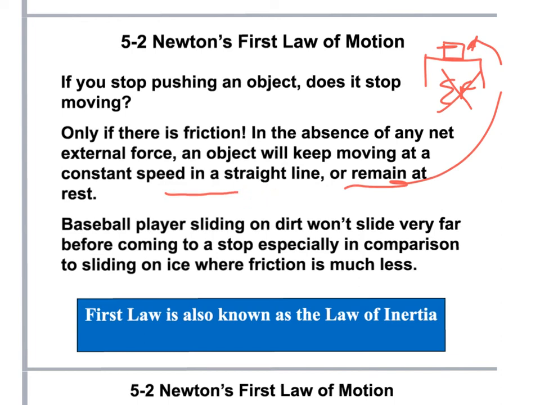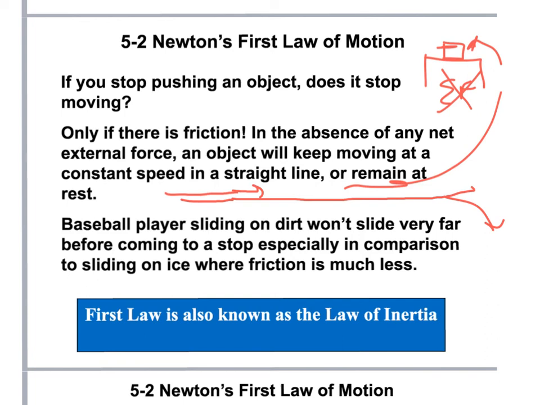So in the absence of gravity, you throw that baseball towards the batter, and it's just going to keep on going. If he misses it, in the absence of any force, that baseball is just going to keep traveling in that direction, and it's going to keep doing so in a straight line because there's no gravity to pull it downward. So in the absence of gravity or any kind of external force, the object is going to keep moving at a constant speed, and it's going to stay in a straight line.